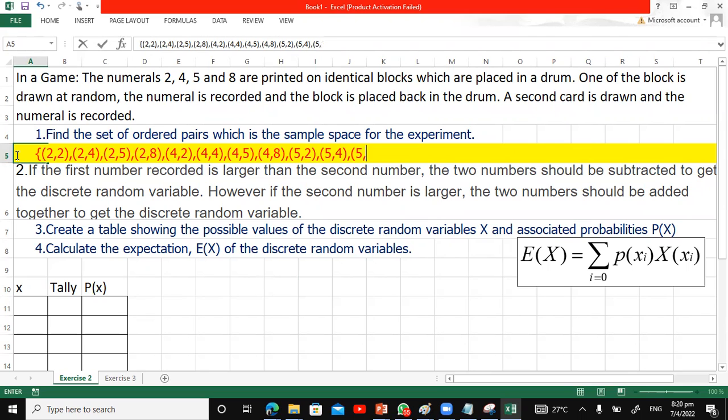Of course, 5 could be followed by 5. Next one could be 8 followed by a 2. Then we could have had 8 followed by 4. 8 could be followed by 5. And of course, 8 could be followed by 8.